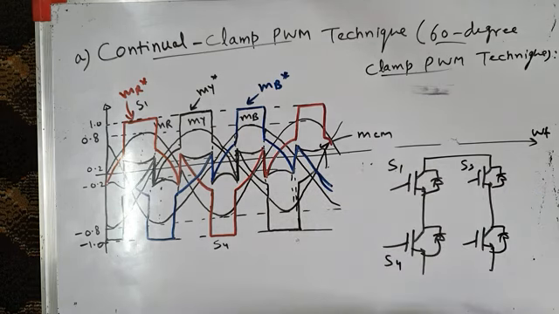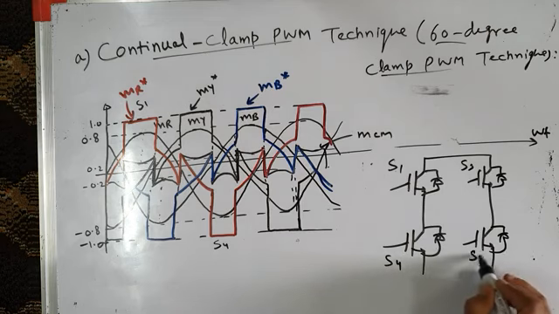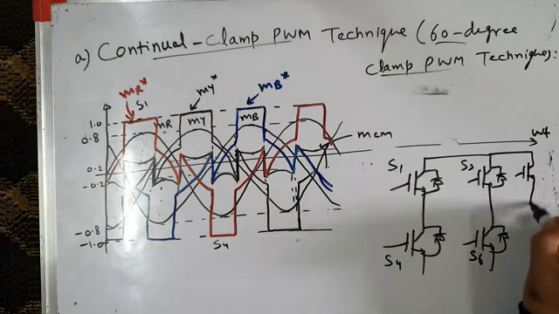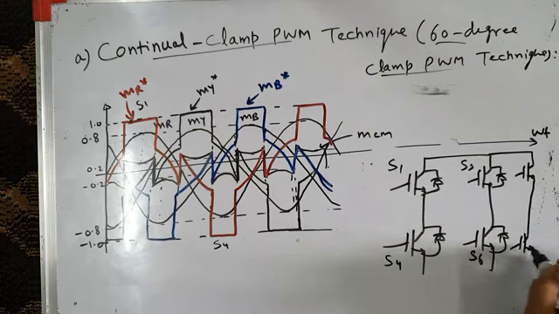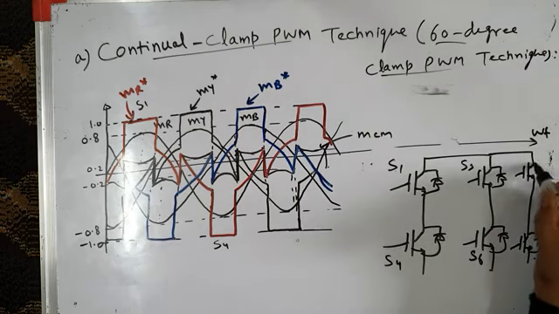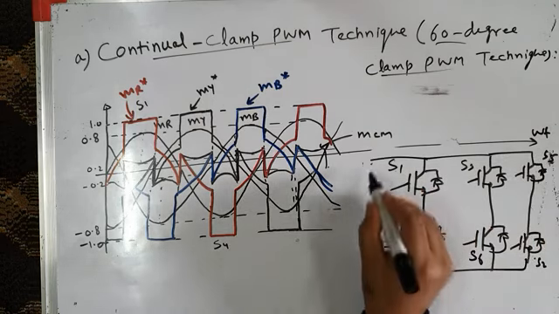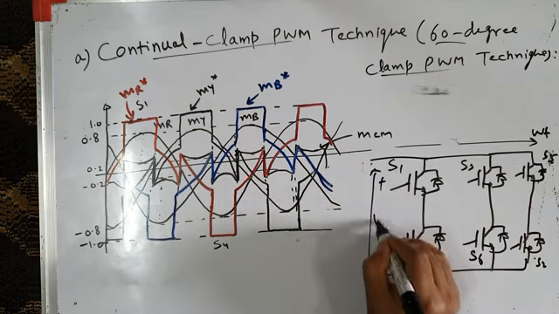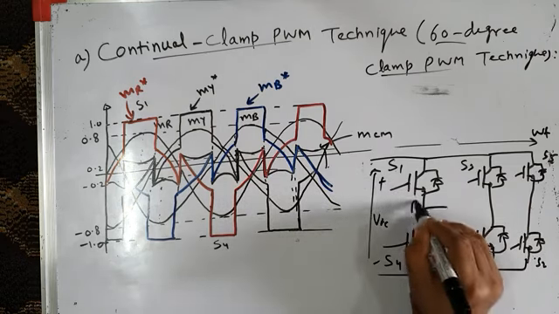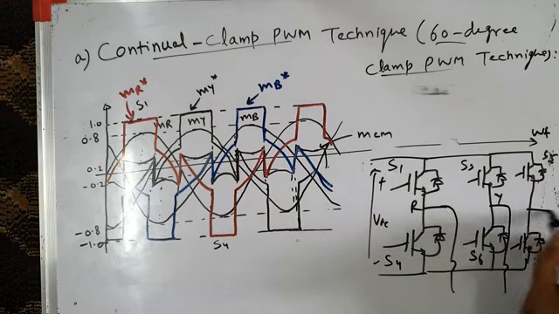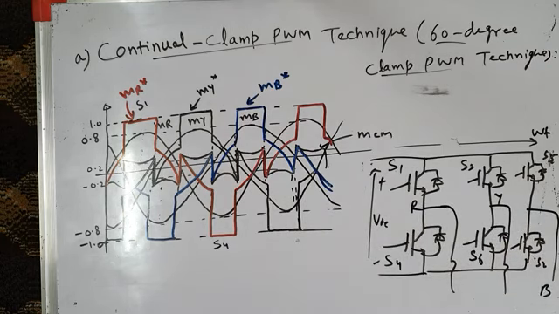Top switch is S3, bottom switch is S6, and phase leg B also comprises two IGBT switches. Top switch is S5, bottom switch is S2. This is, for example, DC, and this is AC. This is phase R, phase Y, and phase B, and you connect a three-phase load here.